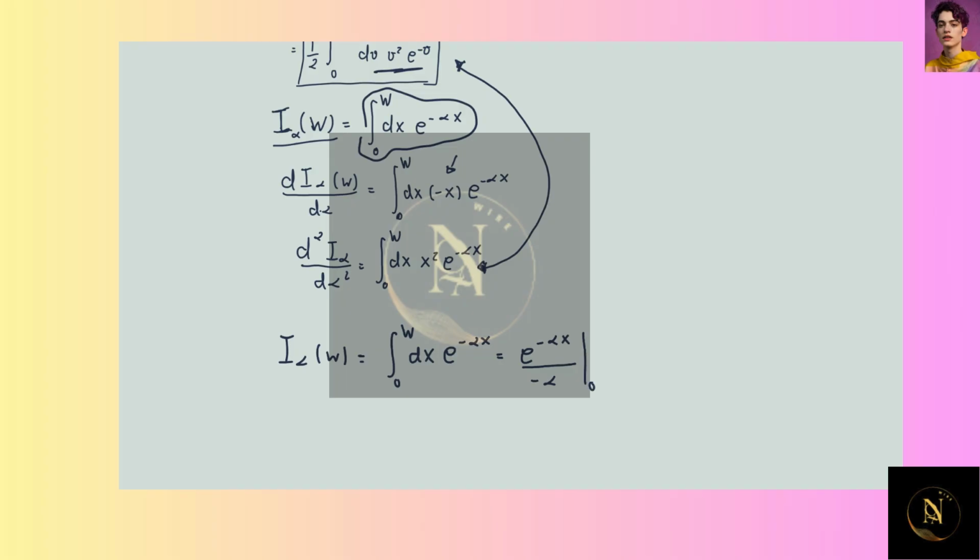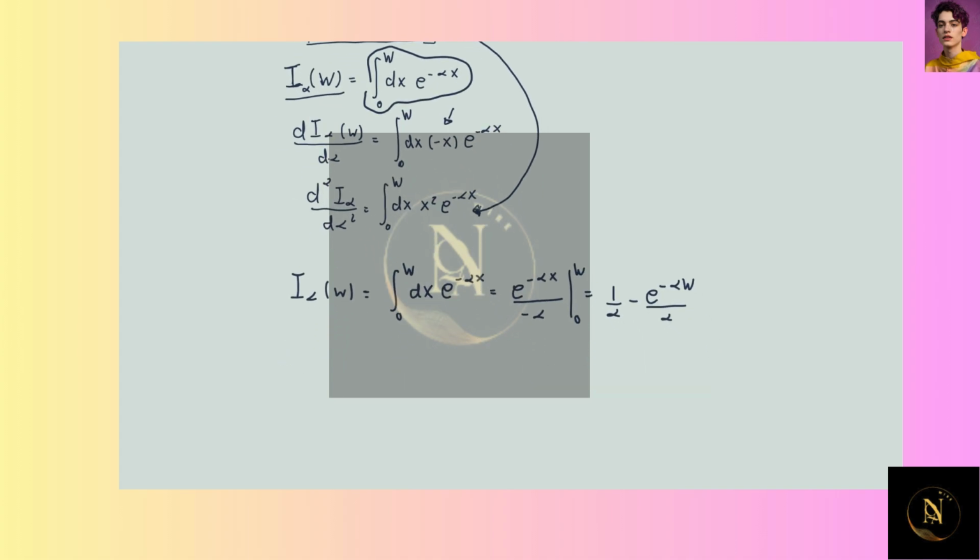And this is from 0 to w. So this is equal to 1 divided by alpha minus e to minus alpha w divided by alpha. Finally, the result of this integral is 1 over alpha times 1 minus e to minus alpha times w.